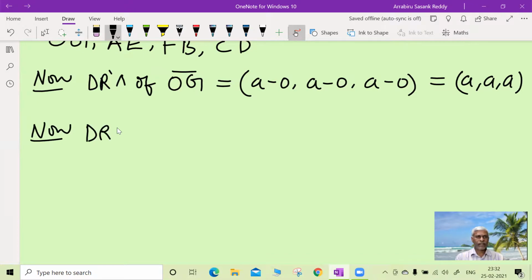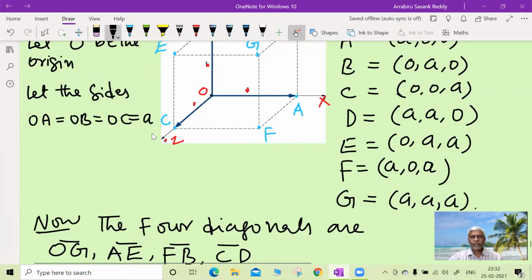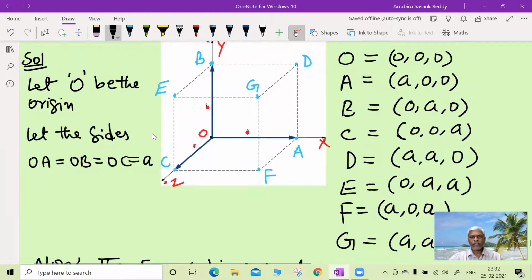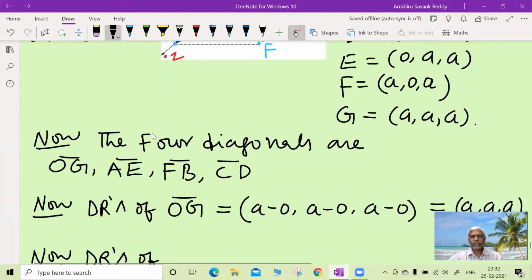And take any other diagonal, AE. A is a, 0, 0 and E is 0, a, a.